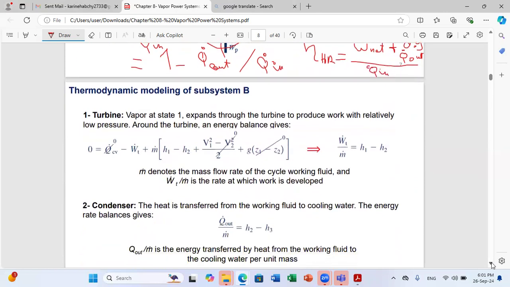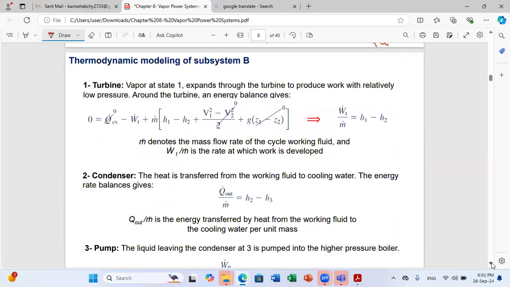Okay. Clear. Now, in order to model this system, we can write the equation for each component separately. And we know that in these systems, we work in steady state conditions, so no variation with time.